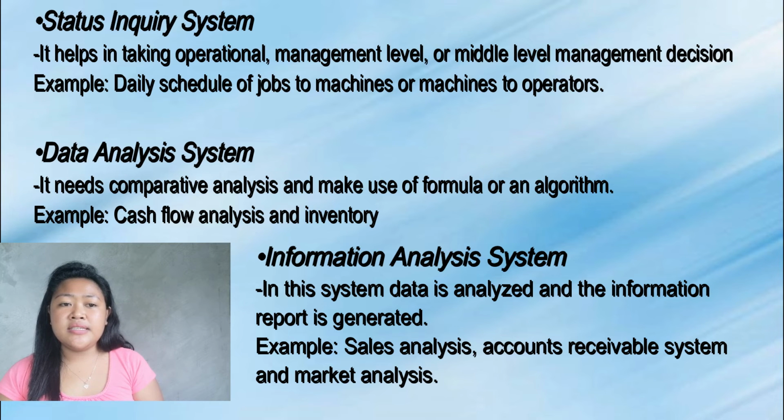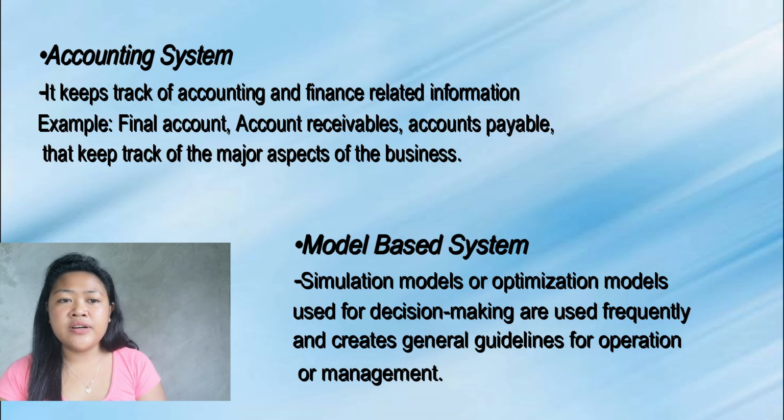Information analysis system. In this system, data is analyzed and the information report is generated. Example, sales analysis, accounts receivable system, and market analysis. Accounting system. It keeps track of accounting and financial related information.